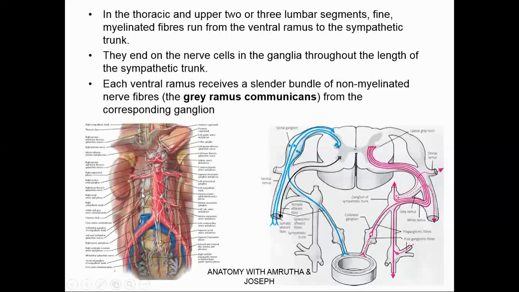The difference is that the L3 ganglia has two connections, white rami communicants and gray rami communicants, whereas the L4 has only one connection, the gray rami communicants.